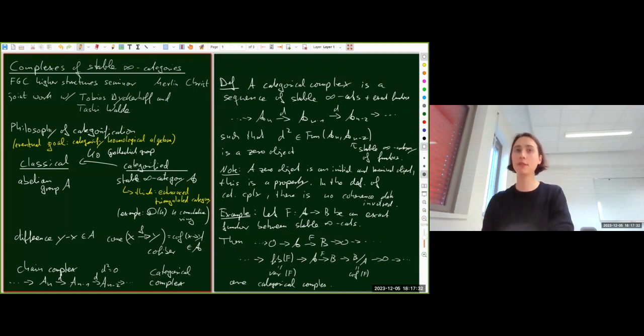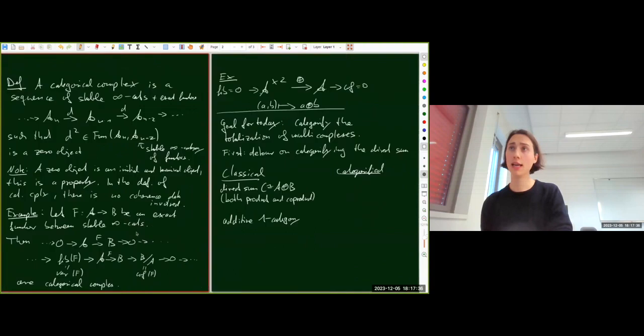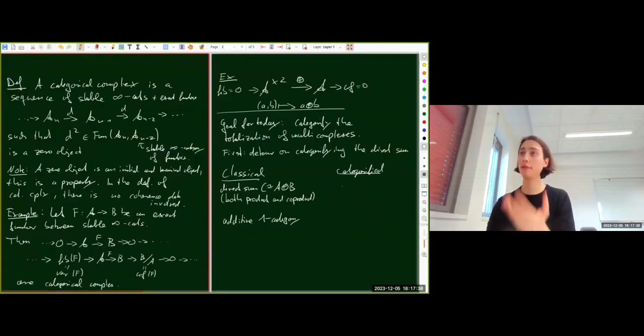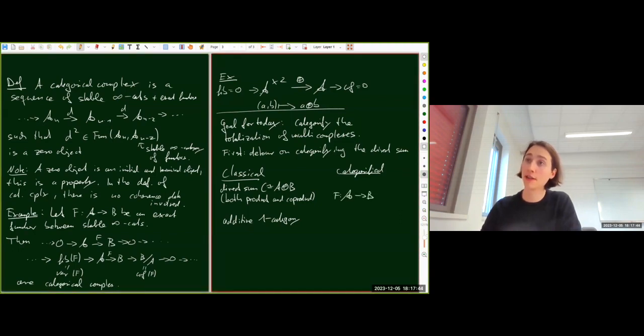The same now happens when we categorify the direct sum. So we can have two stable infinity categories, A and B, and we also want an exact functor f from A to B. This functor, you can choose it to be 0, but you can also choose it to be something else.